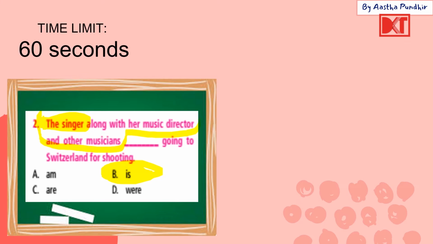The subject is just the singer. So the singer is going to Switzerland for shooting along with these people. So the verb here will be in agreement with the subject singer, and the singer is the third person singular. Alright, so is. Now are and were are used for plural, and am is used for first person singular. Okay.